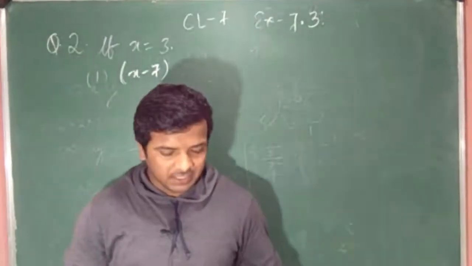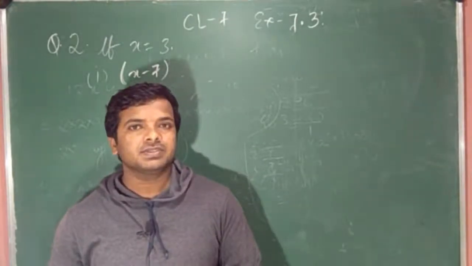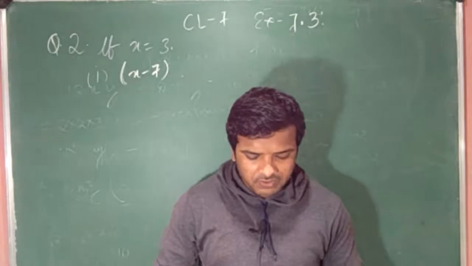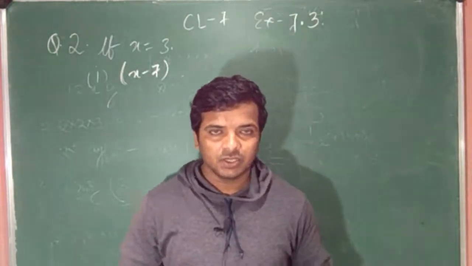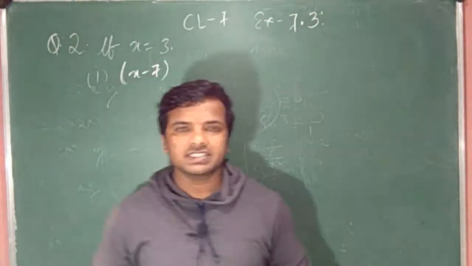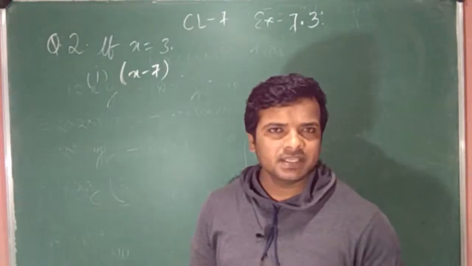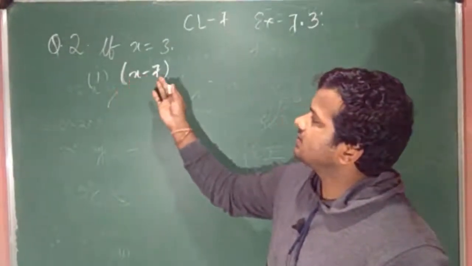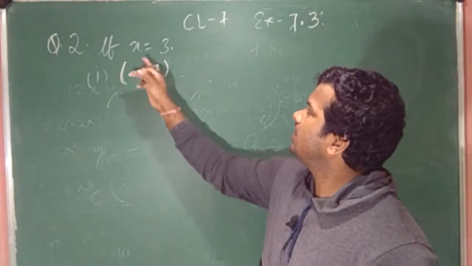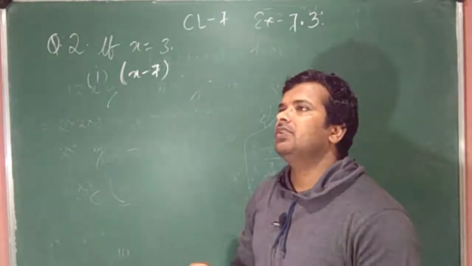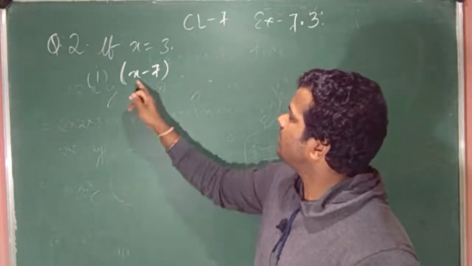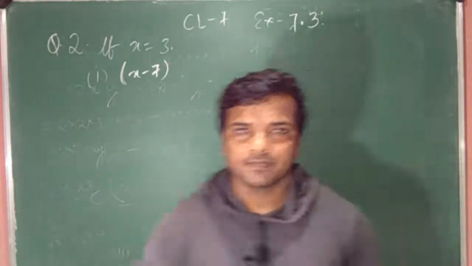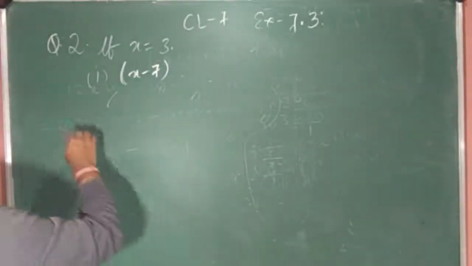Question number 2 says that if x is equal to 3, then find the values of the following expressions. Roman number 1 is x minus 7. It is very easy. We have x minus 7, but x is 3, so in place of x we are going to write the value of x, which is 3.